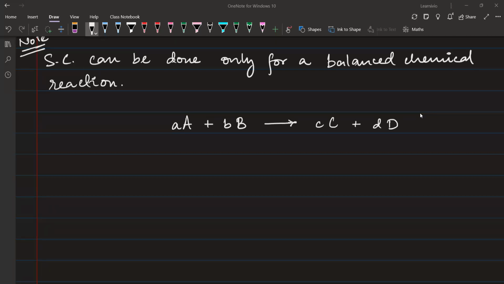Capital A, B, C, D are going to be chemical species. Sabiha and Zainab, waiting for you. Zainab understood. Sabiha, you are not in class? Do you want to skip? Got it. Okay, Sabiha also got this.